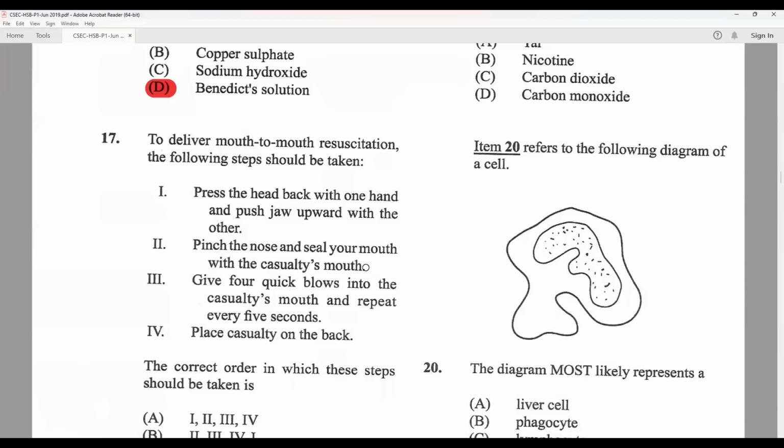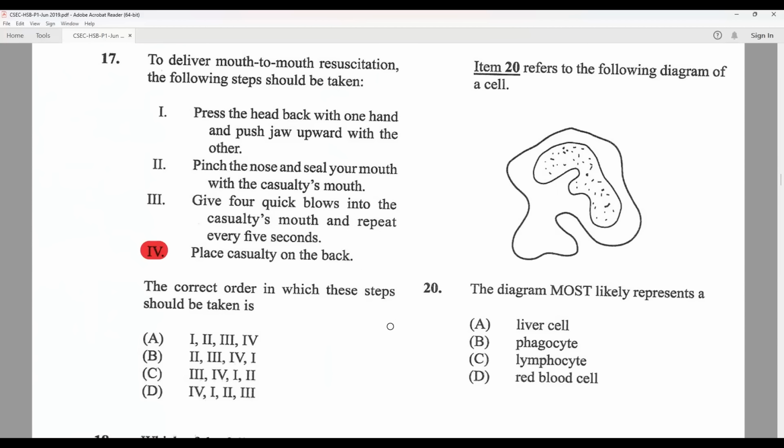Give 4 quick blows and place the casualty on their back. And 4 instantly jumps out as the first step. And that gives us the hint to this answer choice, where we have to place them in the correct order, and we'll make D the correct one.